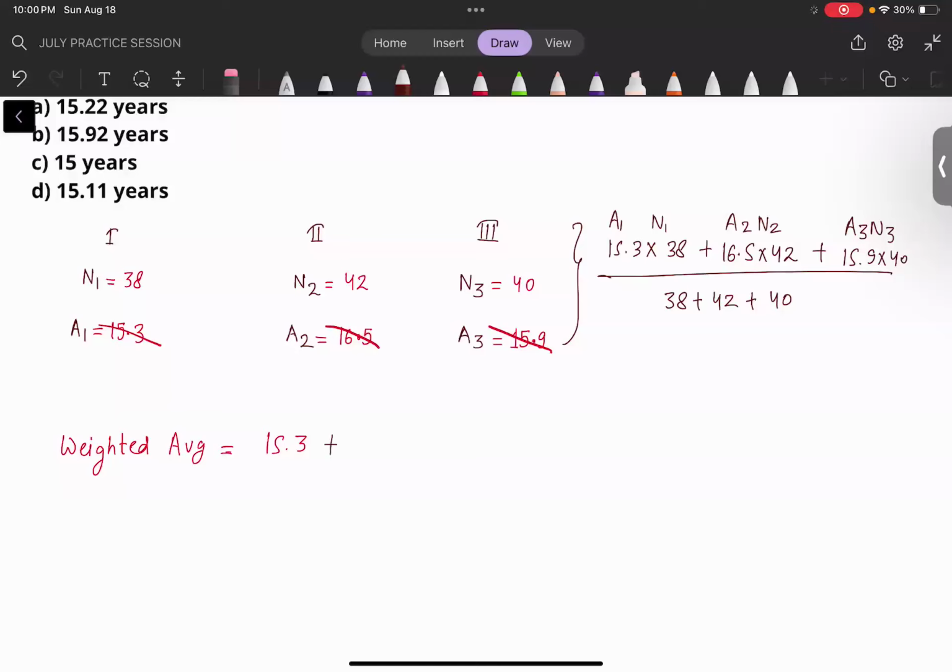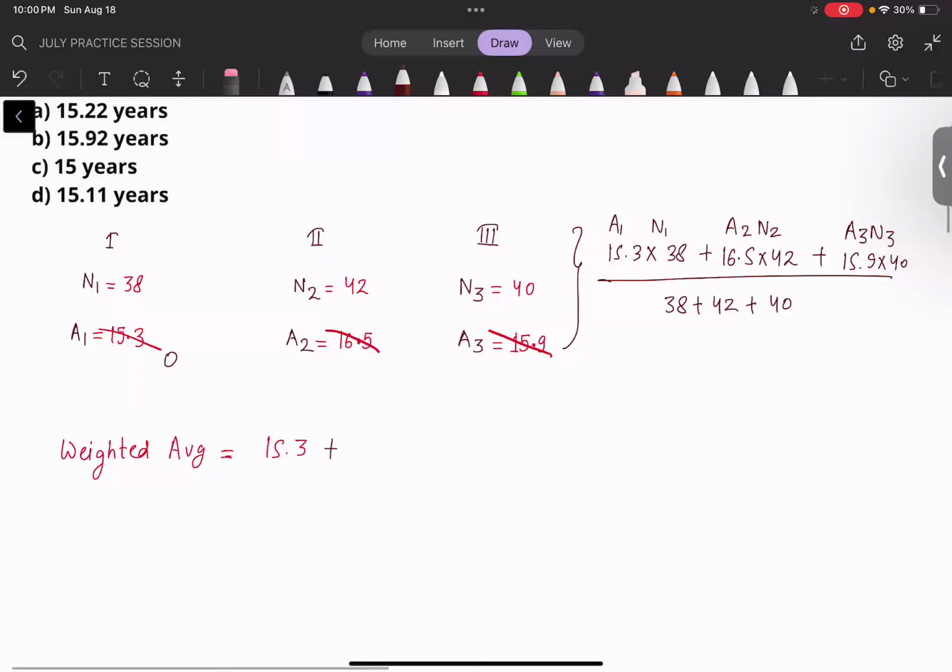Carefully observe. 15.3, A1 value, please observe. Subtract the chosen value 15.3. So I will get 0. This 0 is deviation of A1. From 16.5 also subtract 15.3. So 16.5 minus 15.3, you will get 1.2.